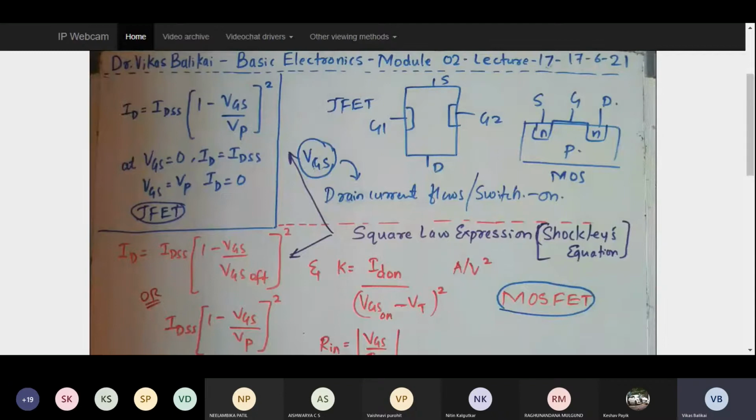So this expression is known as the square law expression or Shockley's expression. And accordingly, I can put in the conditions and determine what the currents will be.